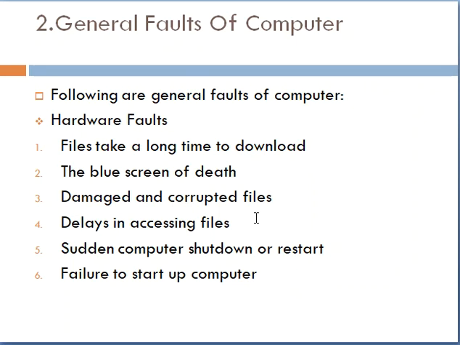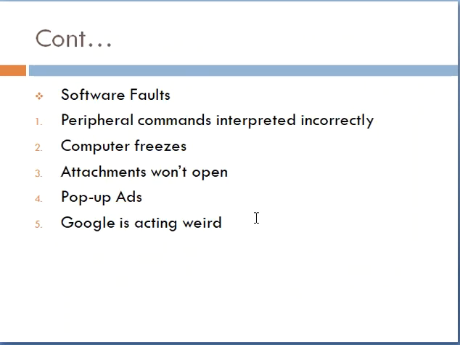Hardware faults: files take a long time to download, the blue screen of death, damaged and corrupt files, delays in accessing files, sudden computer shutdown or restart, failure to start up the computer. Software faults: peripheral commands interrupt incorrectly, computer freeze, attachment won't open, pop-up ads, Google acting weird, network failure, internet failure, LAN cable not properly attached, Ethernet wire detached, and many more reasons for the faults of the computer.